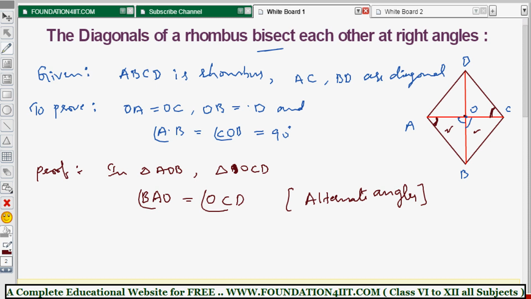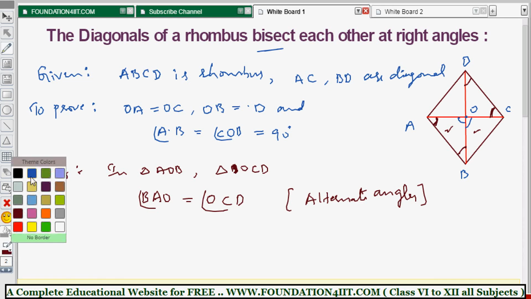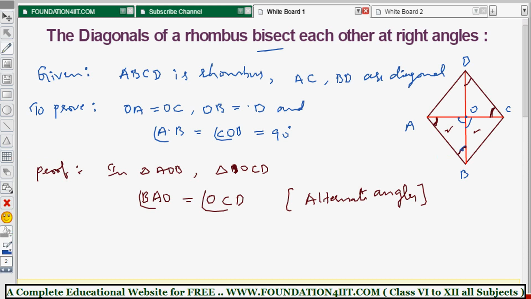Again, angle OBA, this part and this corner. You can see this angle and this angle are equal because BD is a transversal and the other two lines are parallel, like AD and BC are parallel and BD is the transversal.